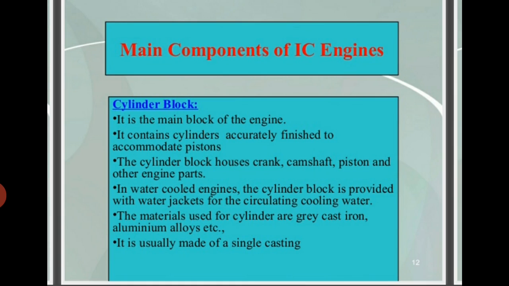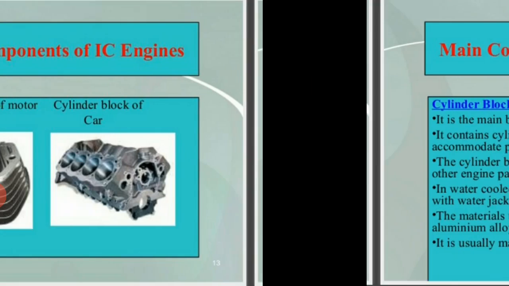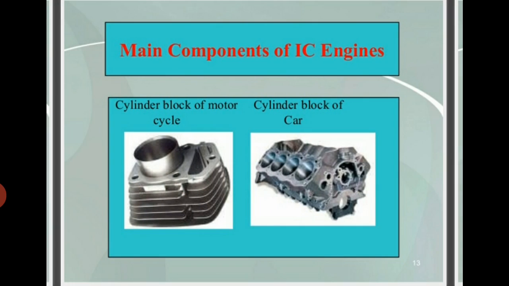In water-cooled engine, the cylinder block is provided with water jackets for circulating cooling water. The most commonly used materials for manufacturing of cylinder block are grey cast iron, aluminium, and alloy.